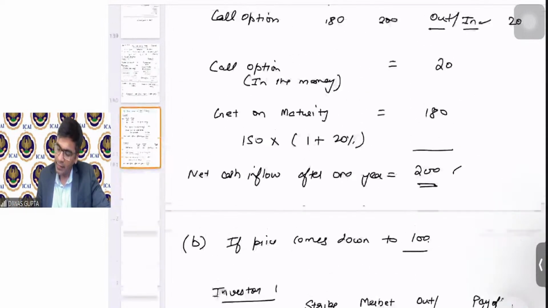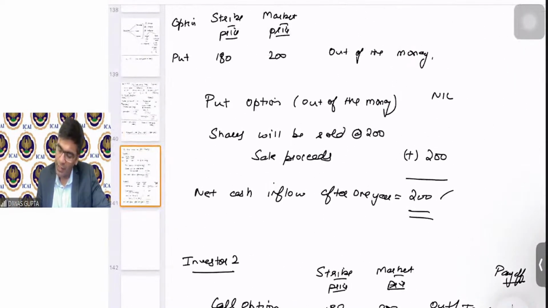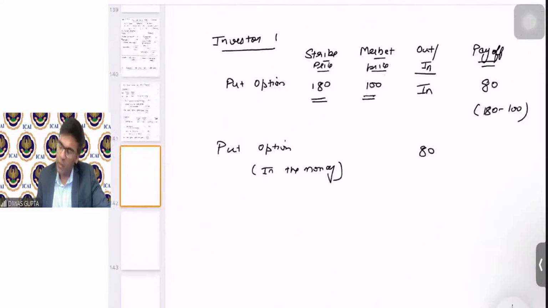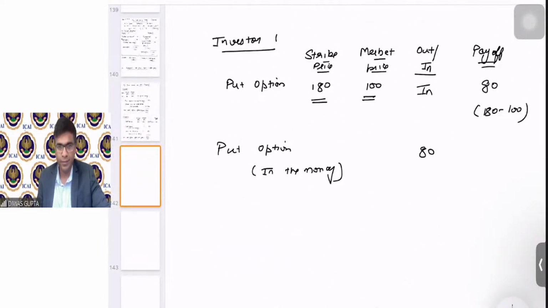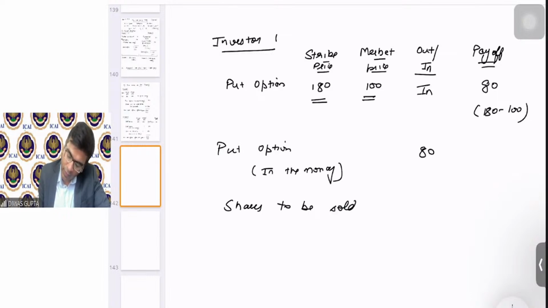Now, the second thing that investor one had done was shares will be sold, right? He was also possessing the shares. No worries, Tanisha. He was also possessing the shares. So shares to be sold at 100 rupees, right?